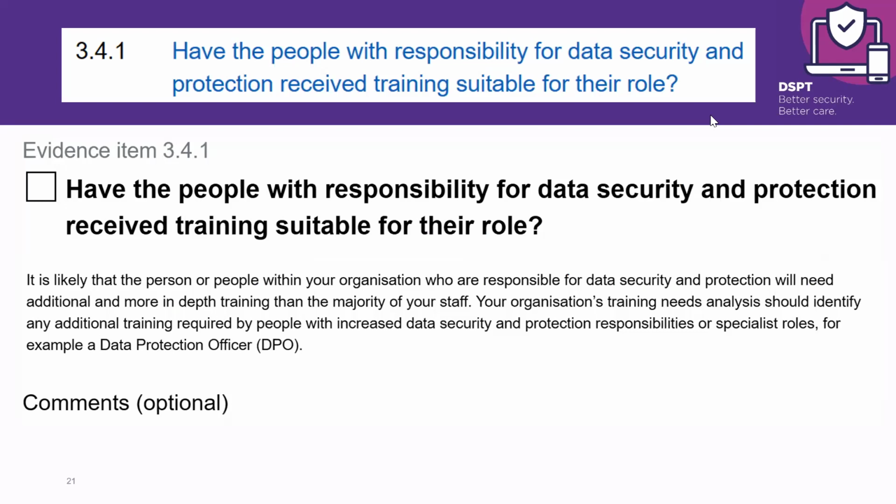And then for people with particular responsibilities, so for example, your information governance lead, it's checking that they've had the additional training that might be required in order for them to fulfil their role appropriately and adequately around data and cybersecurity. Again, it's a tick box, so you just need to check the box on the left-hand side there, enter comments if there are any to be made, and then click on save, and you'll be able to move forward.